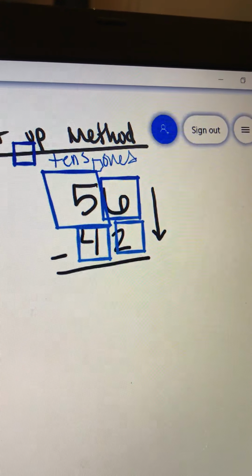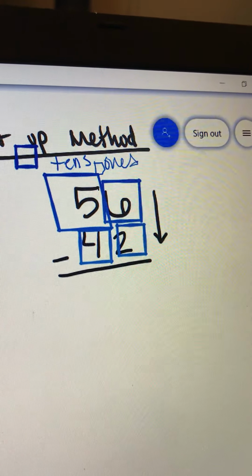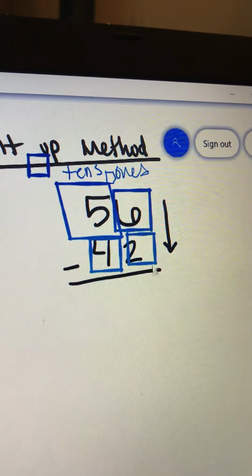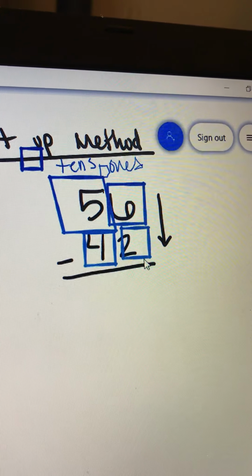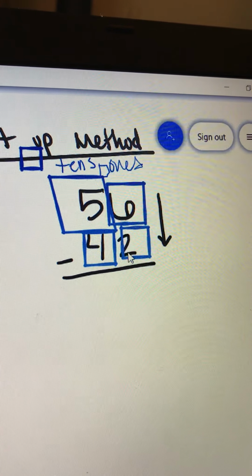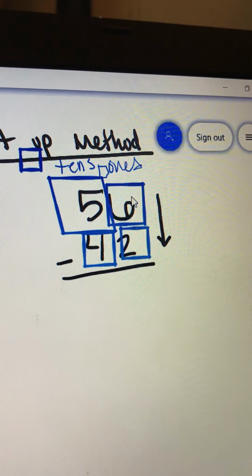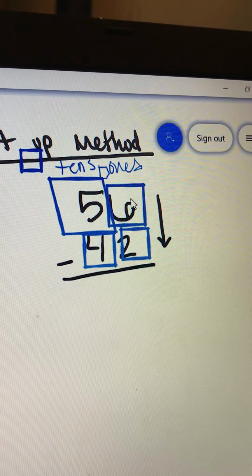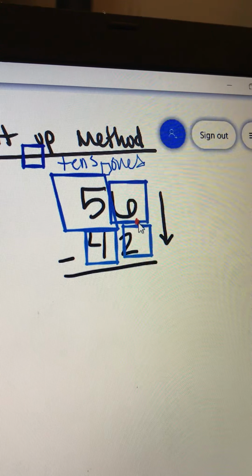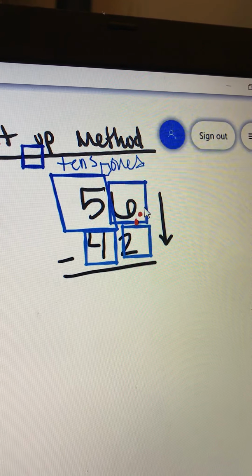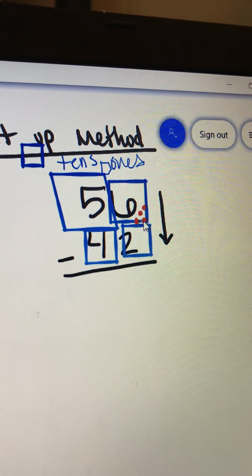So let me grab my red marker and let's go ahead and do the count up method. Now, if I want to do the count up method, I will start with the bottom number and I'm going to count up to 6, okay? So I'm going to do 2, 3, 4, 5, 6, okay?